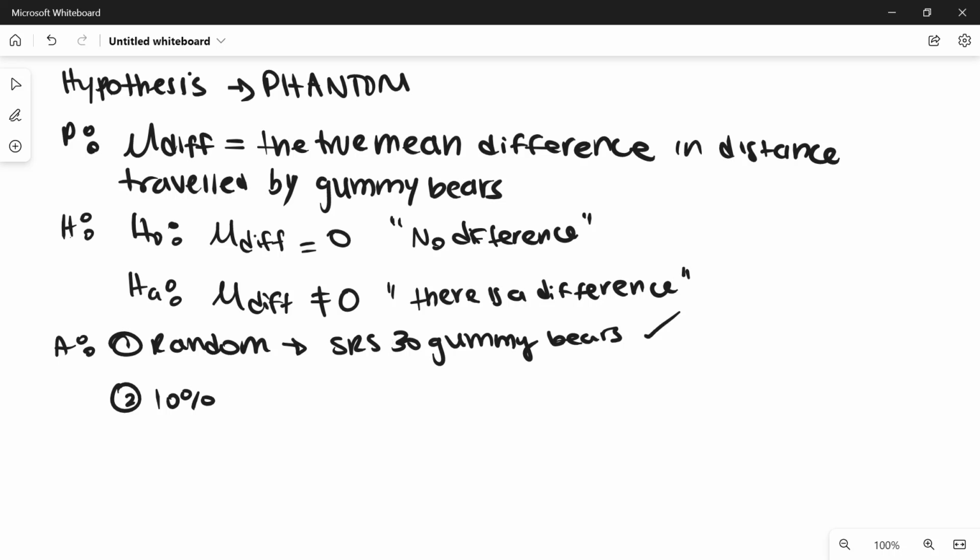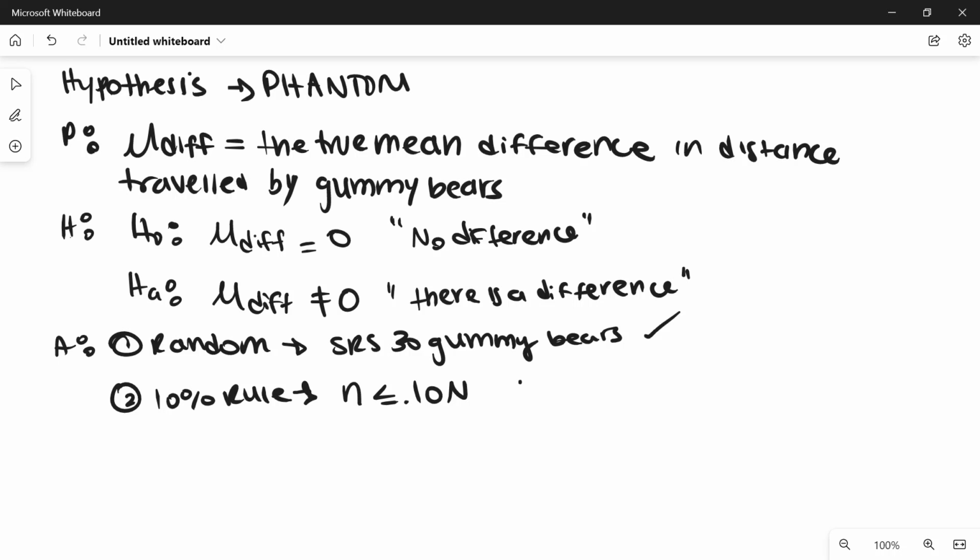Second, we have the 10% rule that checks for independence. Independence means that one outcome wasn't dependent on another outcome. For example, one gummy bear being picked wasn't dependent on another gummy bear being picked. But if you think about it, it was, because if you take one out of the bag, it's not going to be picked again. There is a condition which states that the sample size has to be less than or equal to 10% of the population, or 0.10 N. If it meets that condition, then they are independent.